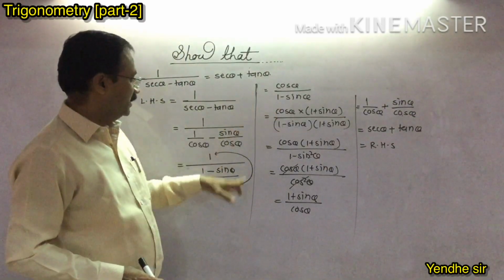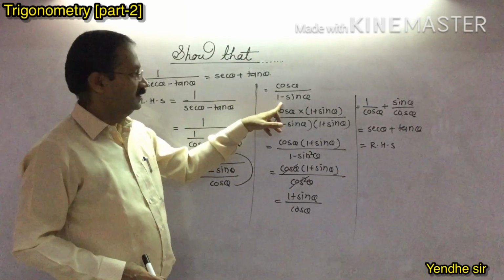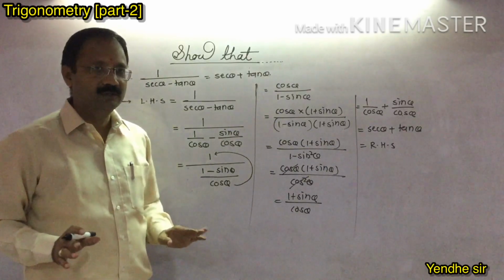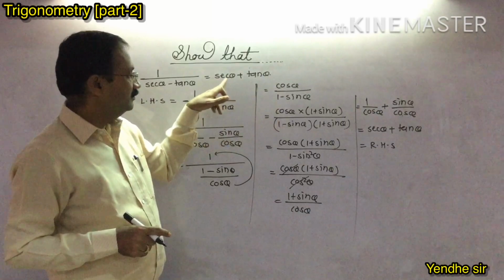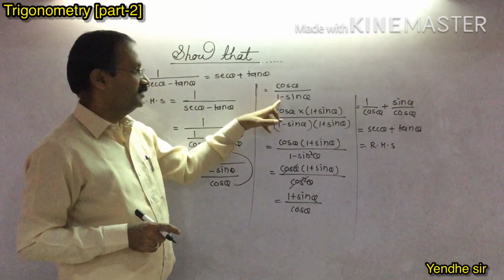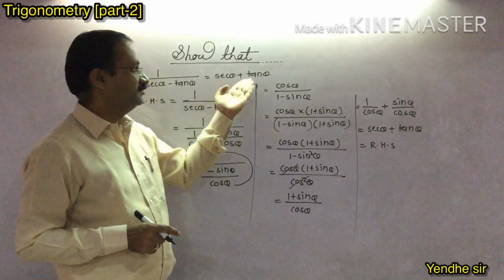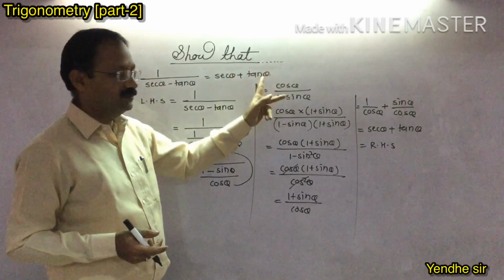Here you have to remember one thing. In step number 4 you got the answer cos theta upon 1 minus sin theta. After that we don't have the rule. Rule number 6 is our target. From this one we cannot get this one, because there is no relation between cos theta upon 1 minus sin theta and sec theta plus tan theta. So you have to cancel this first.